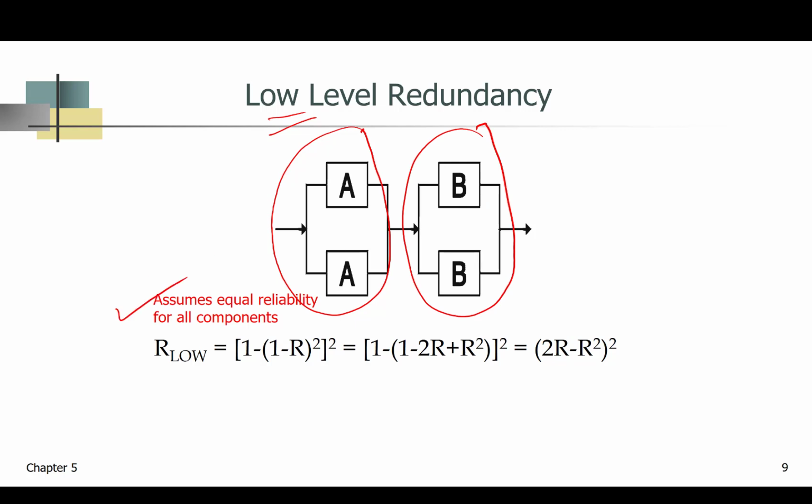So again, assuming equal reliability, we compute the reliability of the first of A's, which is 1 minus the failure squared, and then because we have two A's, we square that because we have two parallels in a series. And so this will be the reduced form here.